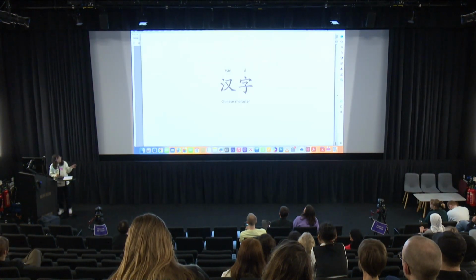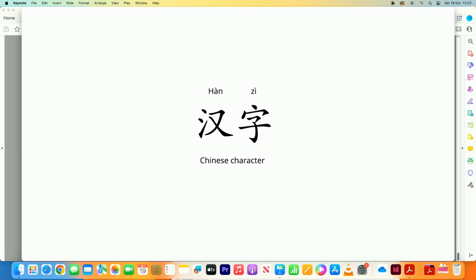Before the main talk, I need to introduce a term, which is Chinese character. In Chinese, we call it Hanzi. Zi means character, and Han is actually the name of one of the biggest ethnic groups, the biggest one in China, from around 6600 BC to the present.